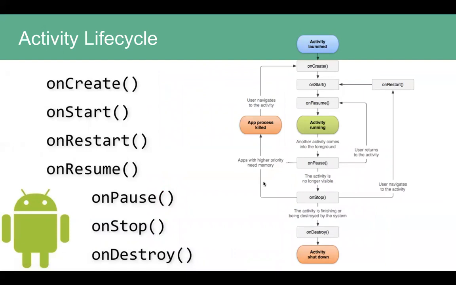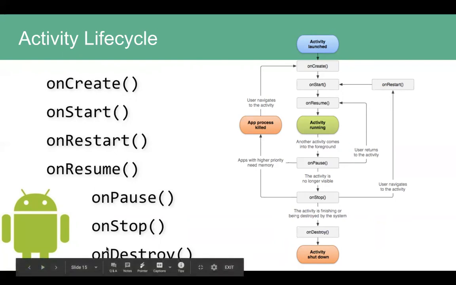So what is an activity life cycle? An activity life cycle is the various states your activities can be in in your particular app. So there are various states it can be in: onCreate, onStart, onRestart, onResume, onPause, onStop, and onDestroy.